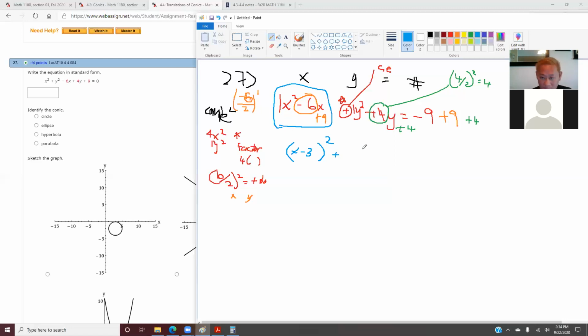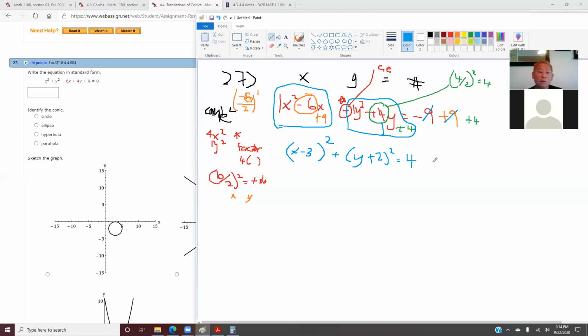Same thing happens on this side. These 3 terms, but these are y terms. And this is half of your 4, the middle term, which is 2 squared. And then over here, you just add the numbers. 9 and 9 cancel out here, so you get 4.